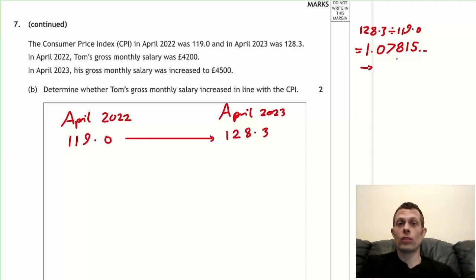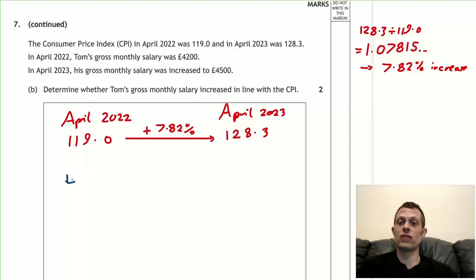You can interpret it as a 7.8% increase, which you could work out by multiplying by 100 and then taking away 100 would give you 7.82%, and that's an increase. So inflation, or the prices, have gone up by 7.82%.